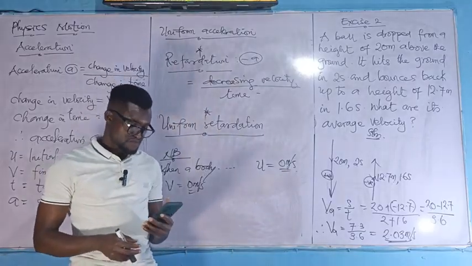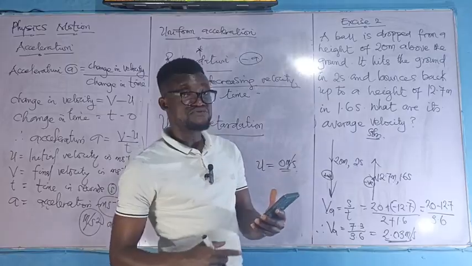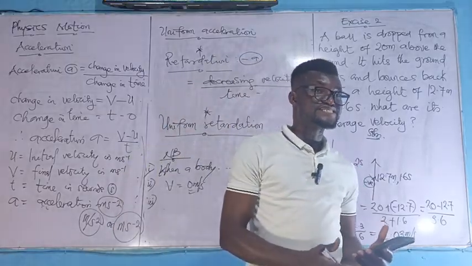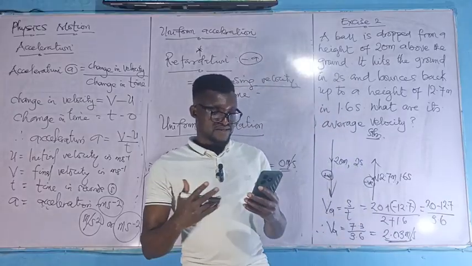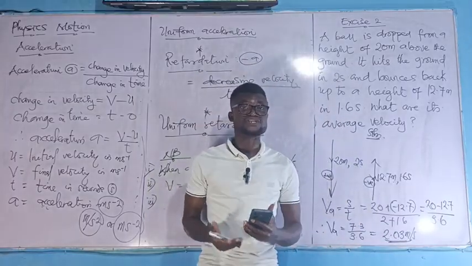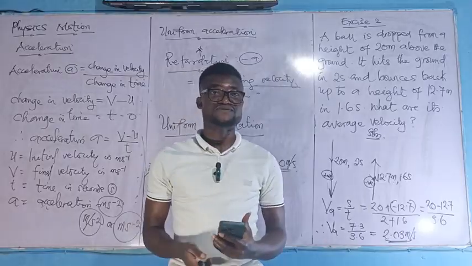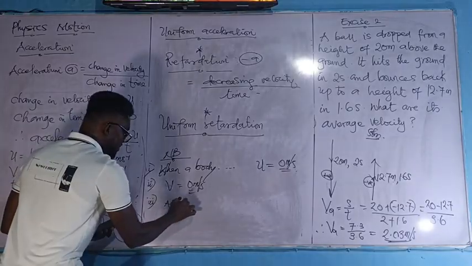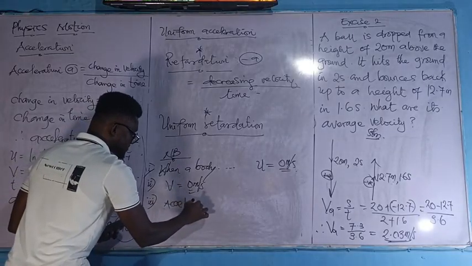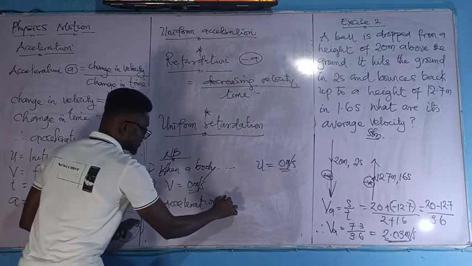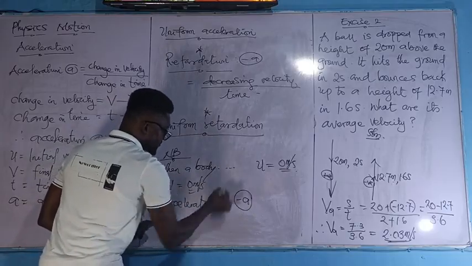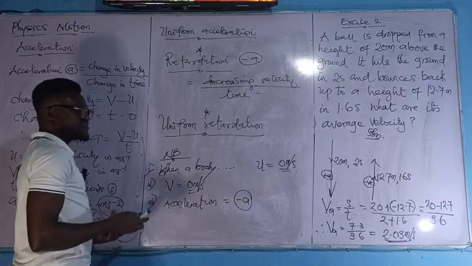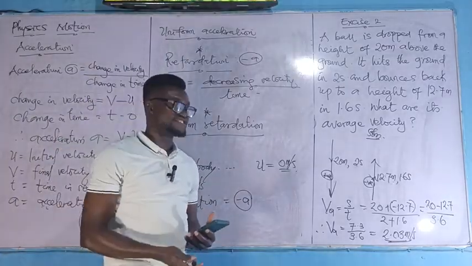I repeat, when the velocity of a moving object decreases, its acceleration becomes negative. So acceleration is negative when the velocity decreases.